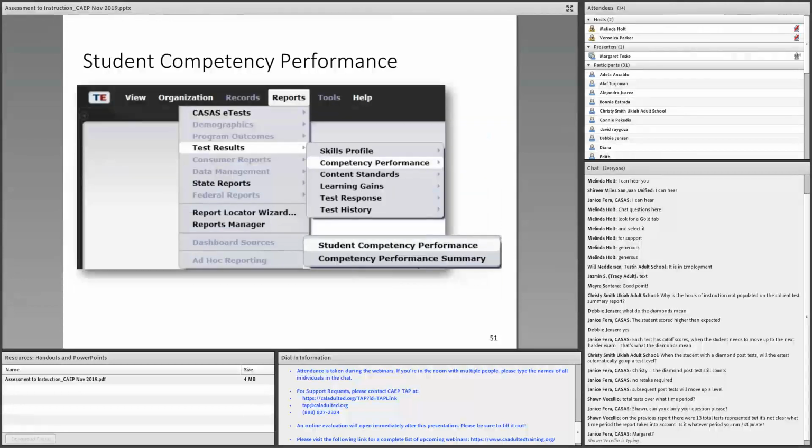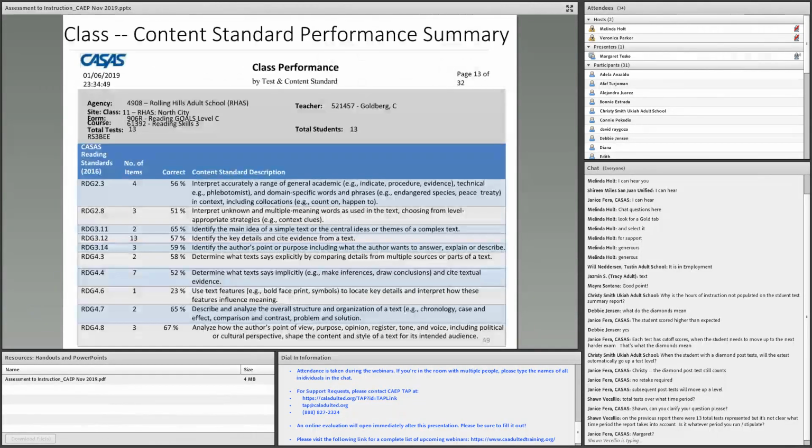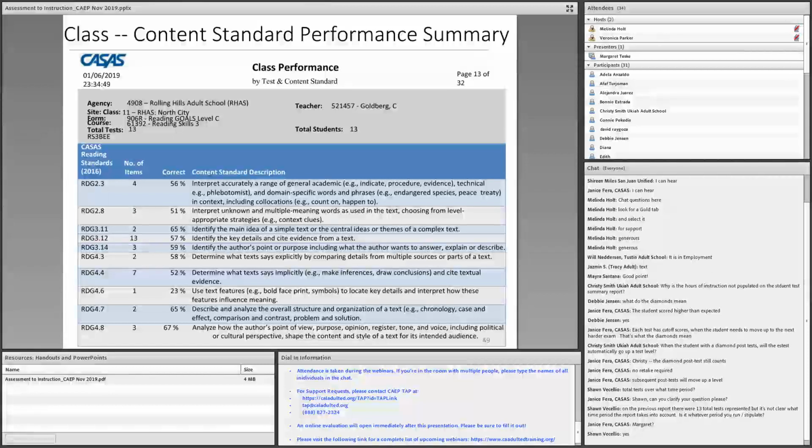Let's see if I can go back. Find that one. 13 total students took 13 tests. One day they took this test. It's not over a period of time. It's just that one day they took that test. And then it gave the results of that test. It was the 906 reading goals test. Does that answer your question, Sean?